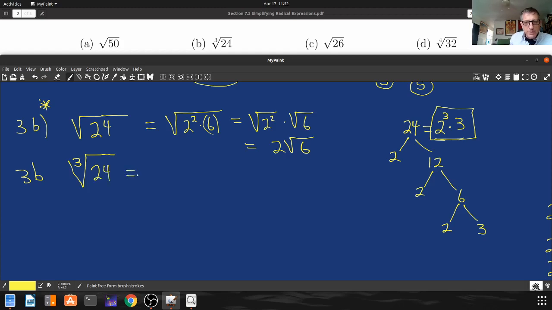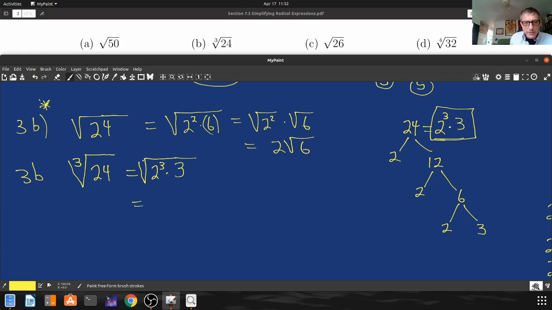So the underlying pattern here is you always do the prime factorization of the number. Well, here I want to note that this is a cube root. So that's 2 to the third times 3, all of that's under the radical.